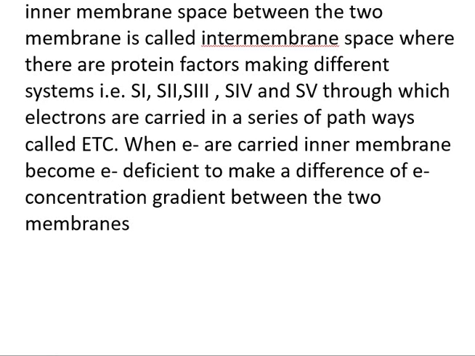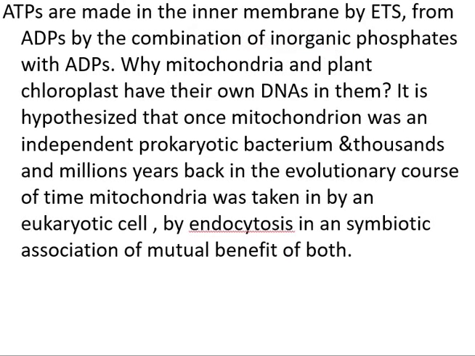In this way, the inner membrane becomes electron deficient, making an electron concentration gradient between the two membranes of the mitochondria. ATPs are made in the inner membrane by the electron transport chain from ADPs, by the combination of inorganic phosphates with ADPs.